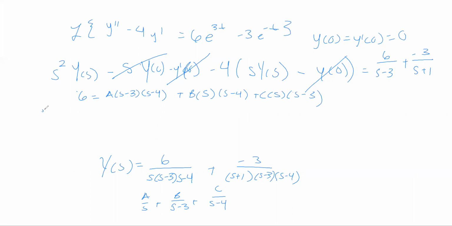Okay, so if I first plug in 0, those two go away, and then I end up with 6, which is equal to A times -3 times -4, which is positive 12. 6 over 12 is 1/2. So A should be equal to 1/2.